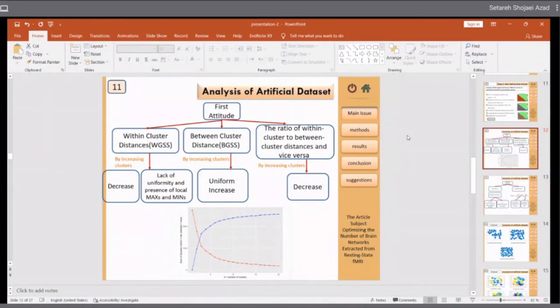As the number of clusters increases, the WGSS distance decreases, which of course is not uniform, and sudden local maxima and minima are observed. Also, the BGSS distance increases uniformly as clusters increase.